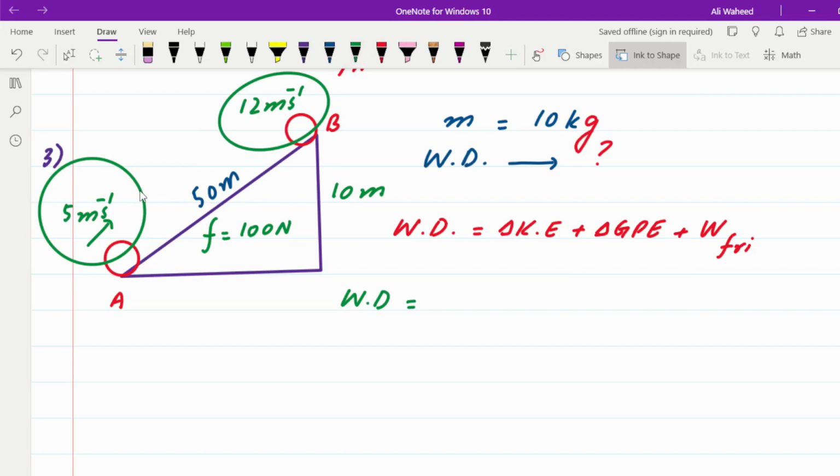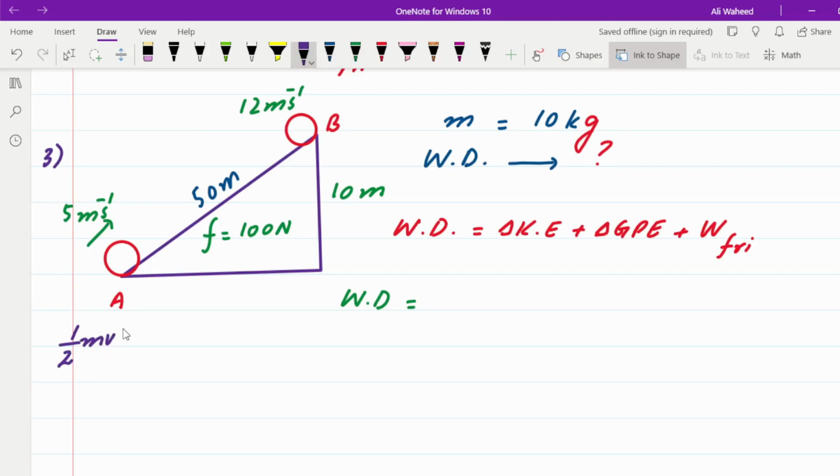Can you quickly find the kinetic energy at point A? You use the formula 1/2 mv square. So for the point A, it would be 1/2, the mass is 10, the square of the speed is 5 square. You can check this one as well. And if I find the kinetic energy at B, now what is the change in kinetic energy?